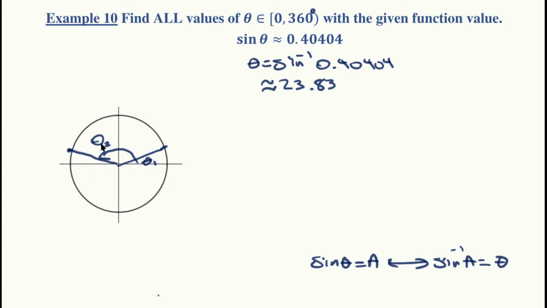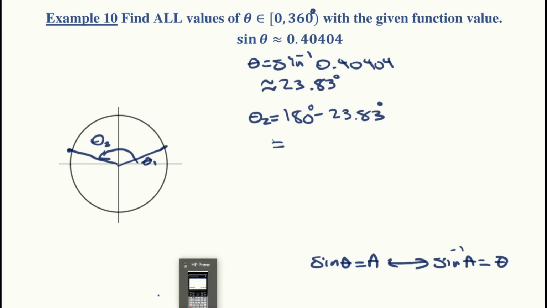So to get what theta 2 is, we can take 180 and subtract from it 23.83. Don't forget there's degrees there. So 180 degrees minus that is going to give us the second angle within the interval 0 to 360 inclusive, which will have that sine.